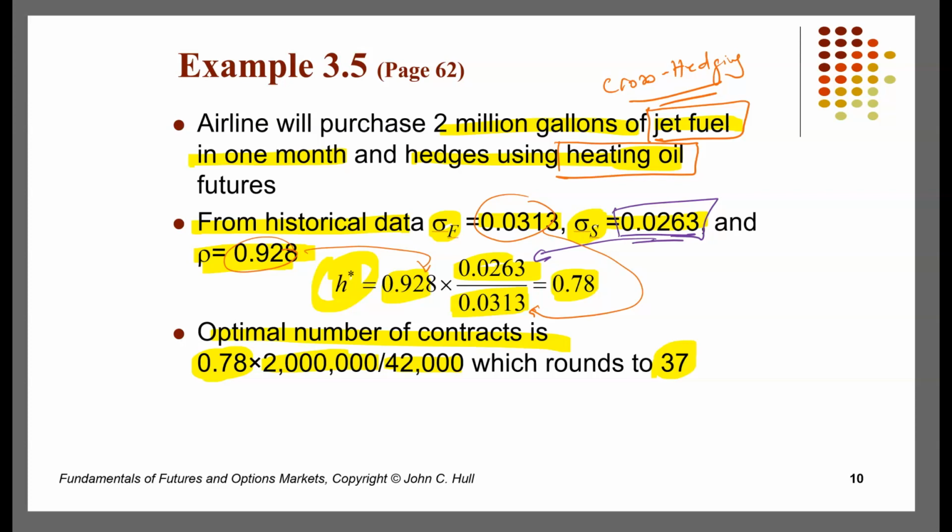Our optimal number of contracts is going to be equal to our hedge ratio multiplied by the position, or quantity to be hedged, divided by the quantity of our futures contract, QF, or the futures contract size. That will be our hedge ratio.